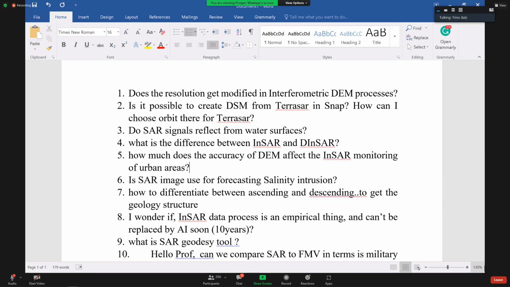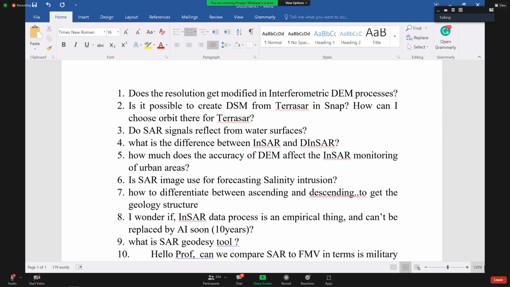It's very common that the resolution of your final DEM will be lower than the resolution of the SAR data that goes into it. So we are typically downsampling, multi-looking the data to just deal with the noise.